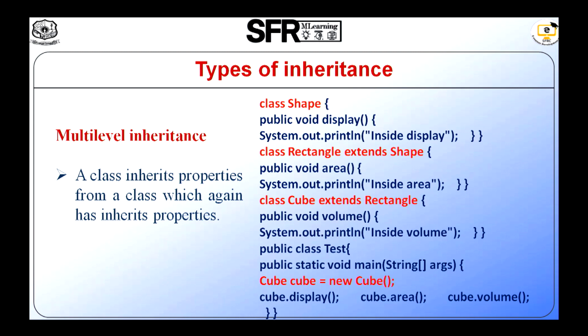Now the superclass is Rectangle and the subclass is Cube. We can create an object for the Cube class, and then call the methods in class Shape, Rectangle, as well as in class Cube. Here you see object dot display, area and volume. We can call each and every method in all the classes using the last subclass. So this is multi-level inheritance.